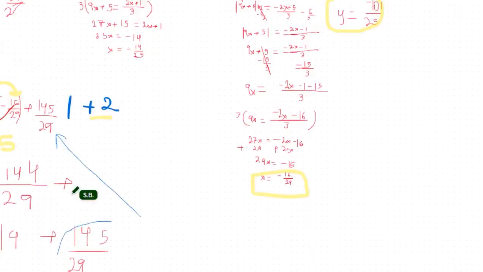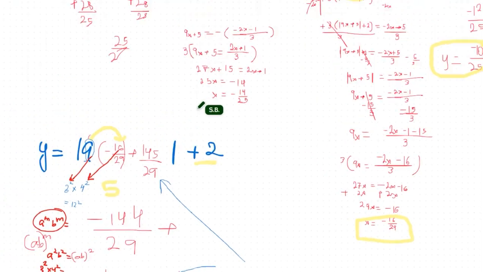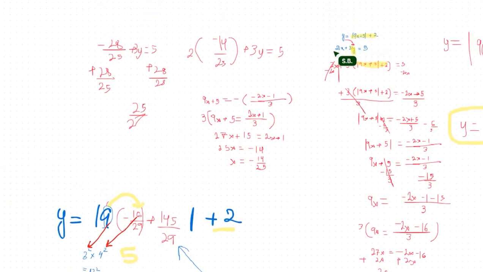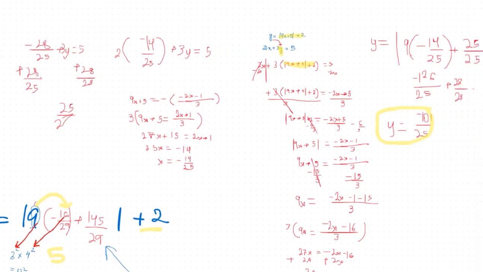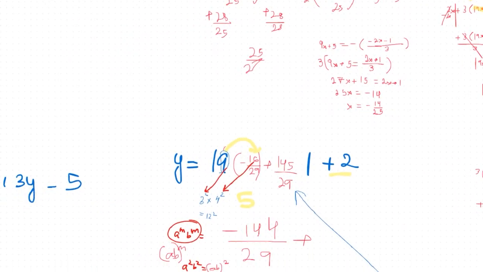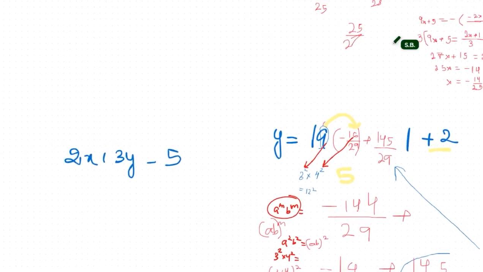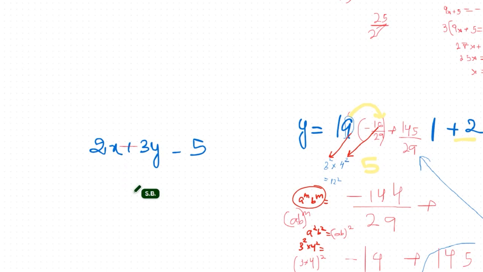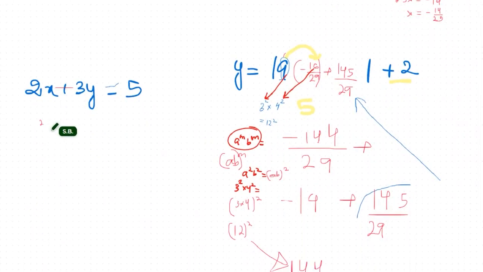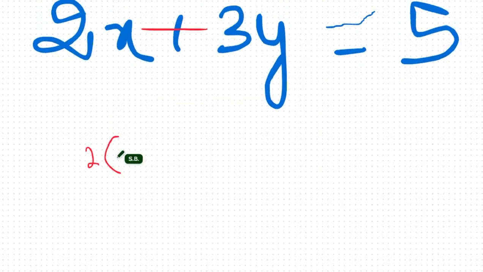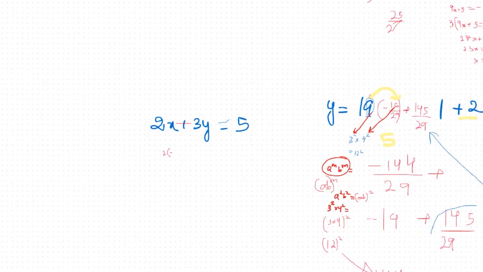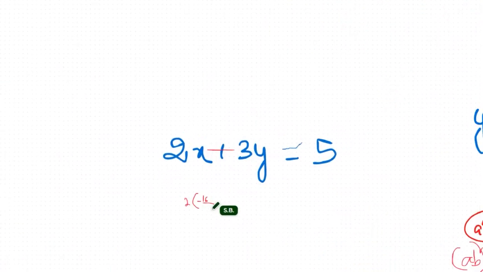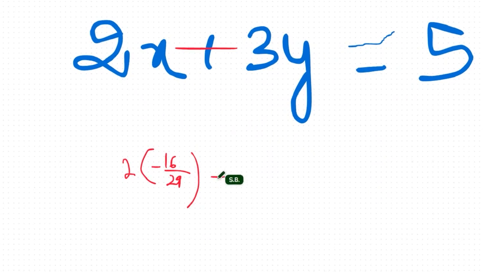The x value was negative 16 over 29. Was it 16 by 29? Yeah, negative.